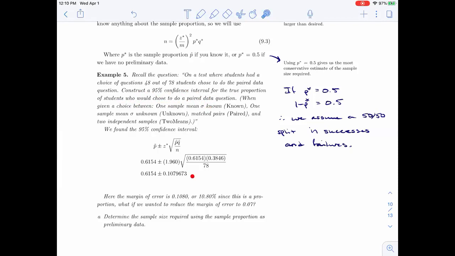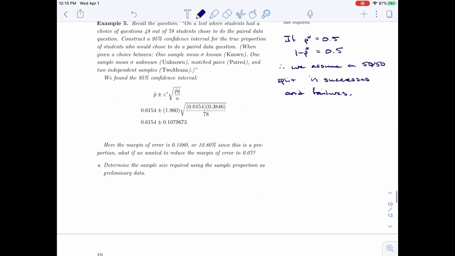So we found this interval, and we found this margin of error. Here, this is our margin of error, M, which we've rounded to 0.1080, or 10.8%.